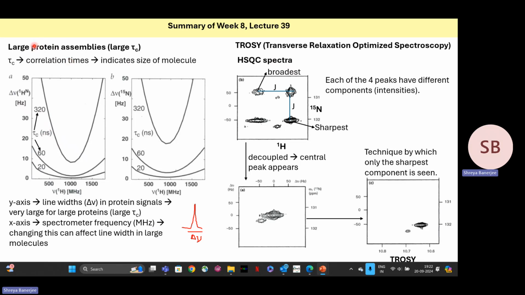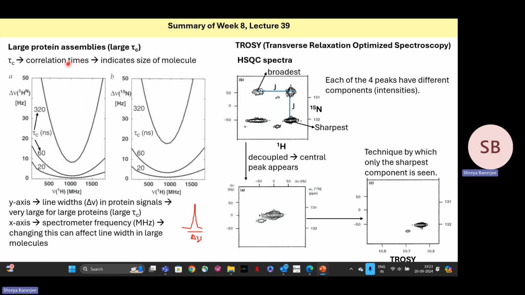So for a very large protein or protein assembly, the correlation time will be very large, around 320 nanoseconds. The line width is also very large. It is more than 40 or so hertz. So when the line width is so large, that is a problem. You can see what is happening in HSQC spectra.